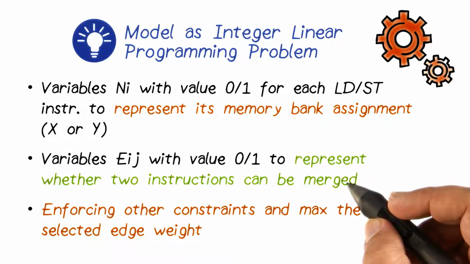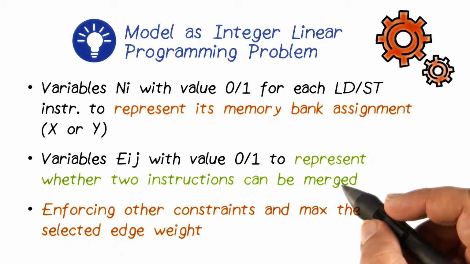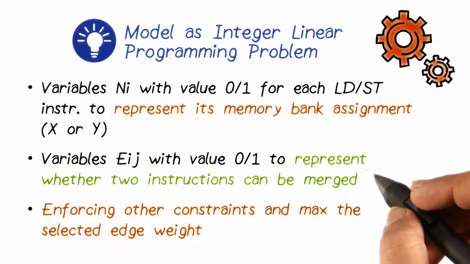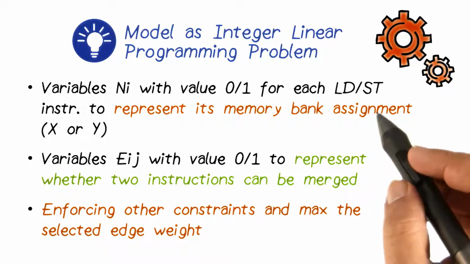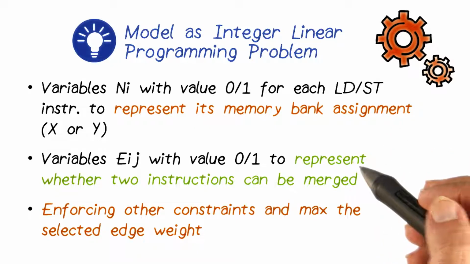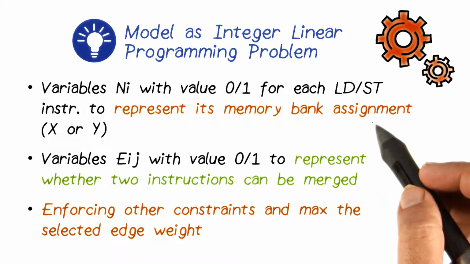And so by doing this assignment, our goal is to maximize the objective function, which is the profit for doing this assignment. Note that in this particular formulation, the variable is always assigned to one of the banks. In other words, if a particular variable is given a particular bank, such as X, throughout the program, it stays in that particular bank, it cannot be moved to any other bank. So that is an important thing to note as far as this formulation is concerned.